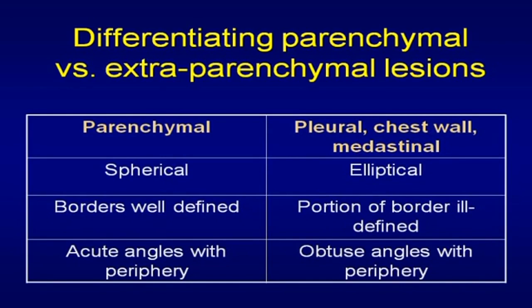So changes with positioning also are typical of pleural lesions, or pleural or chest wall, or mediastinal. And then where a parenchymal lesion touches the pleura, the angles it makes are acute, whereas something in the pleura or chest wall or mediastinum will have obtuse angles with whatever it's touching.